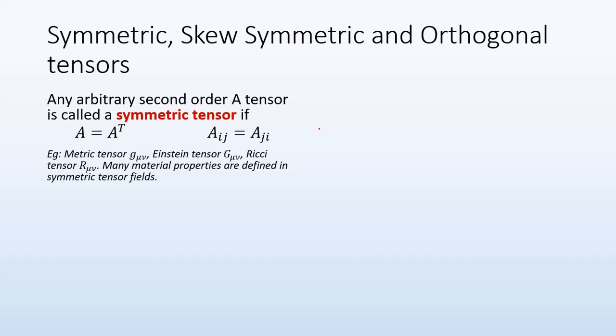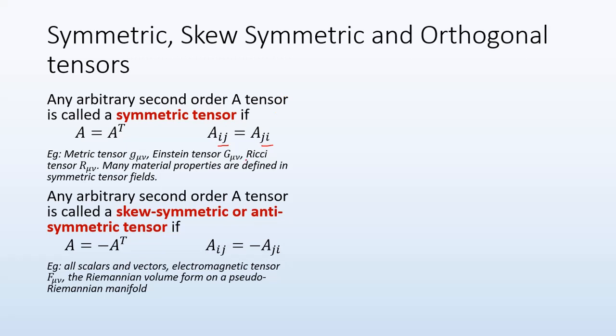That is, if A is a tensor and A is equal to A transpose, then A is called a symmetric tensor. In index notation, I can write that Aij is equal to Aji. Examples of symmetric tensors are the metric tensor, the Einstein tensor, the Ricci tensor, and many of the material properties are defined in symmetric tensor fields.